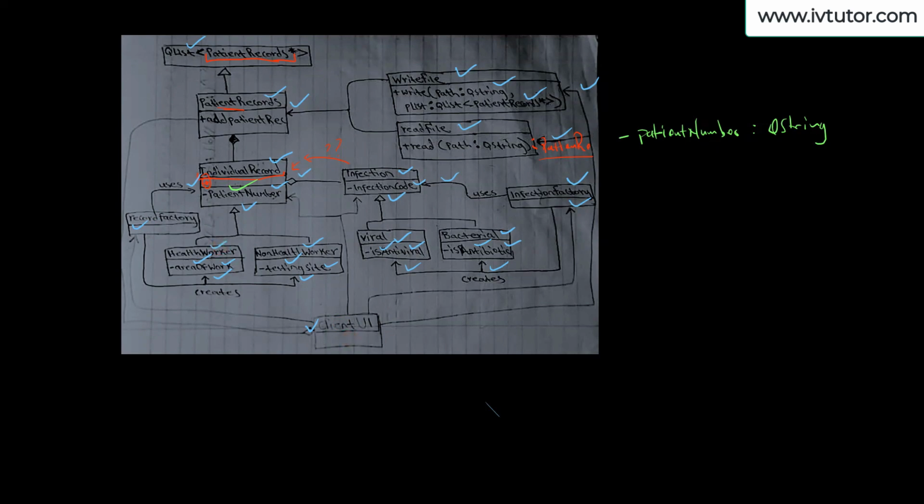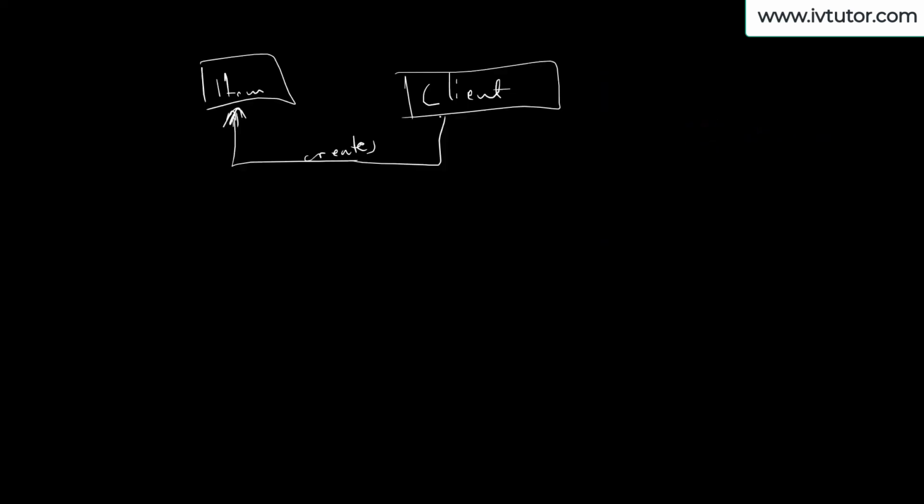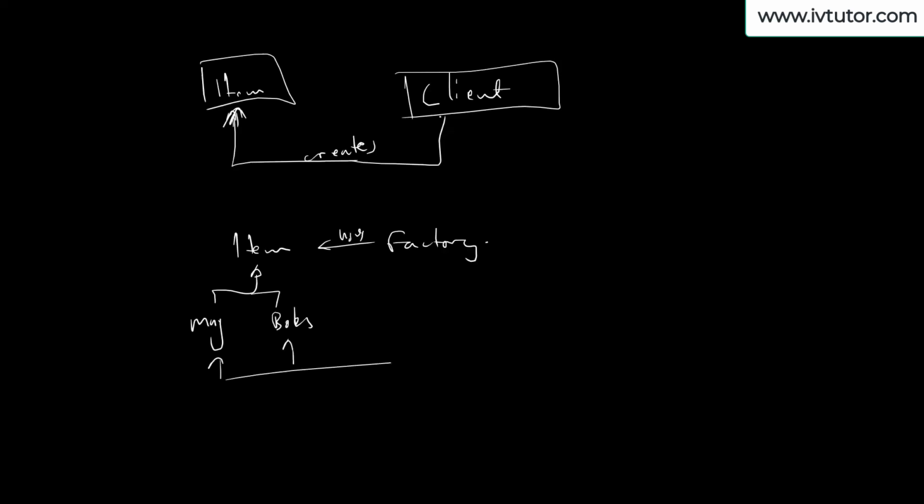Factory is made up of your item, your factory, and then your client uses your factory. So if you want to do factory, you're going to have an item, you're going to have your factory, not knowing if they wanted you to do inheritance, but then you've got your magazine, you've got your books. Your factory is the one that uses your item and is the one that creates your items, right?